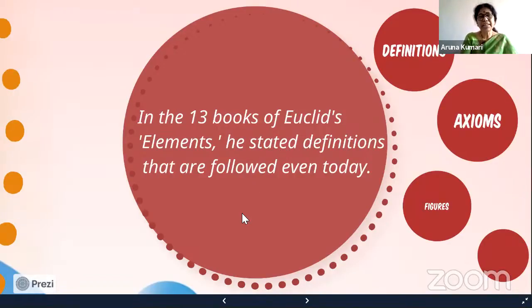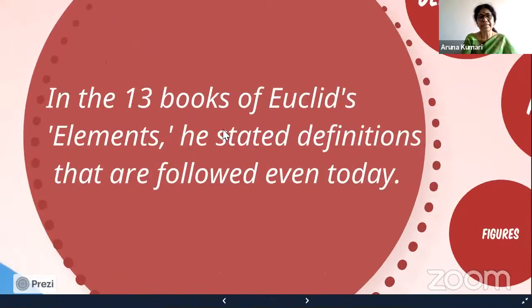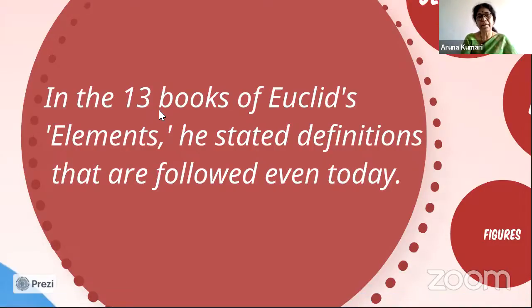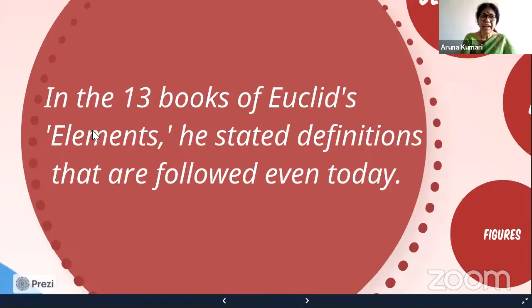But that book is not a simple book. It has 13 parts. How many? 13 parts. You may be asked: what is that book, how many parts are there, who wrote it? Euclid wrote a great book, the Elements, and it has 13 parts. If you search in Google, you will get all the parts. And what was there in those 13 books?